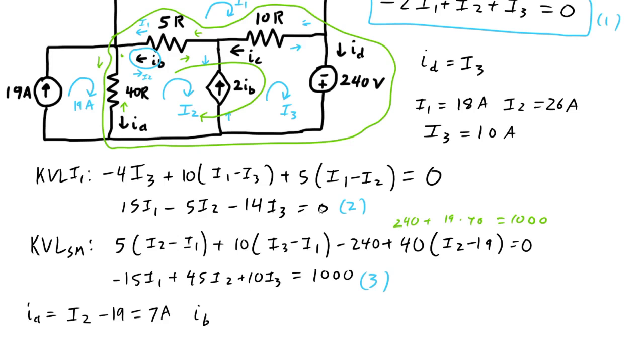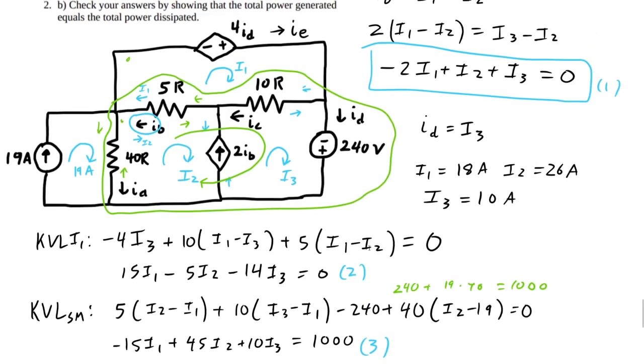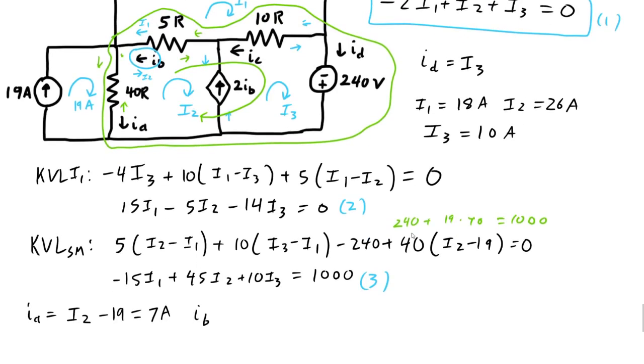IB, we have, let's see, IB is I1 minus I2, right?